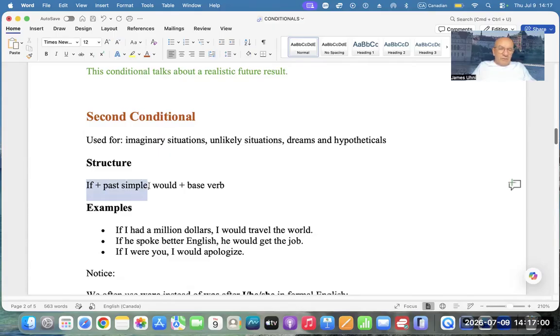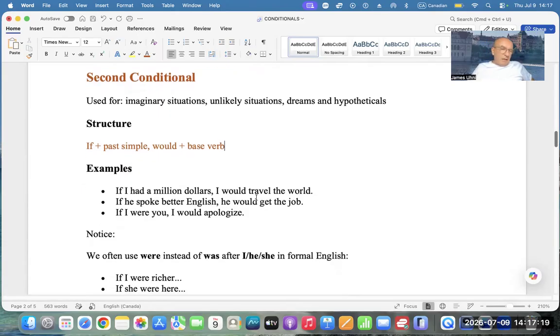Here's the structure. If plus past simple, would plus base verb. What is would? I would say it is the past simple of will. Is that true? I don't know. Did I forget? I don't know. When you forget, you don't know what you forget.